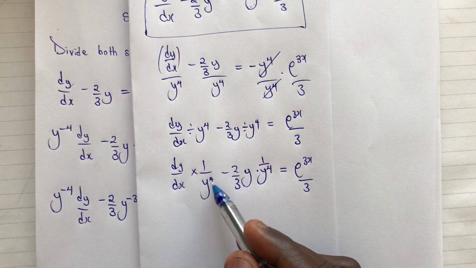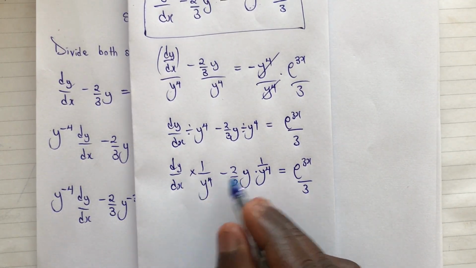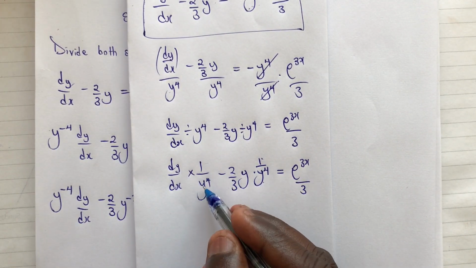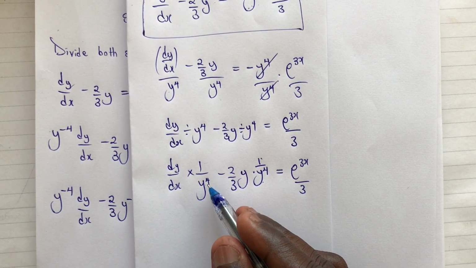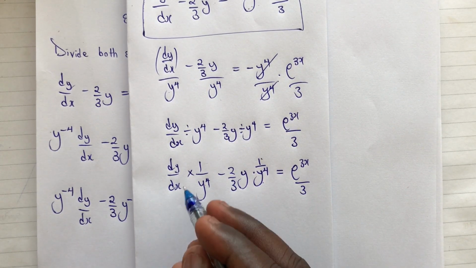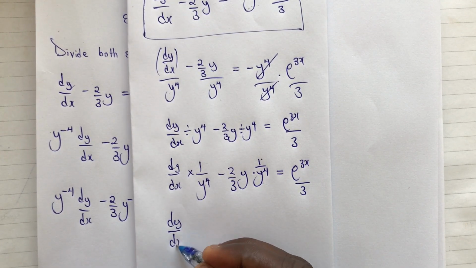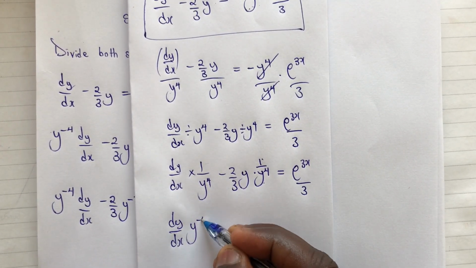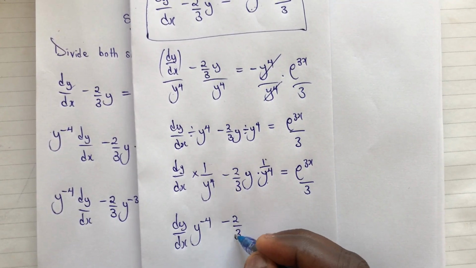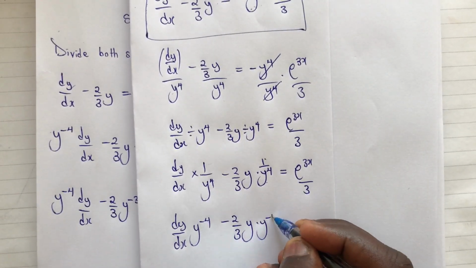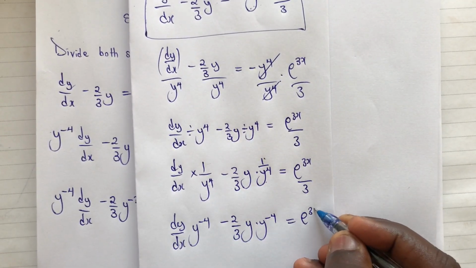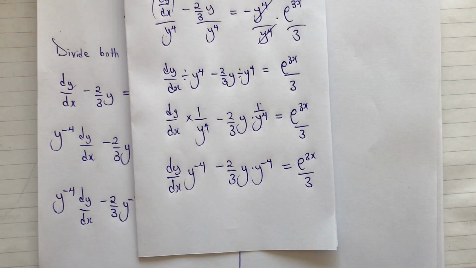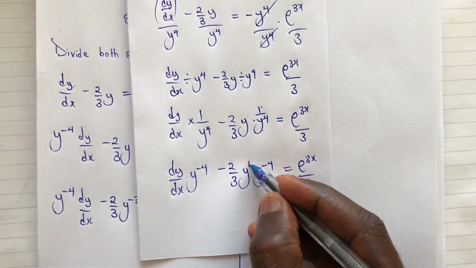I want to make this side a linear function. So when I make it a linear function, 1 over y to power 4 is the same as y to negative 4. So I have dy/dx times y^(-4) minus 2 over 3 y times y^(-4) equal to e^(3x) over 3. Now note that from indices, this side is power 1.